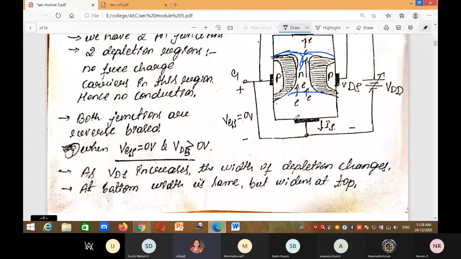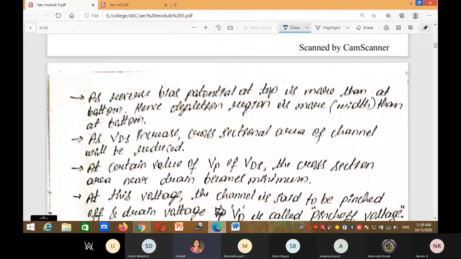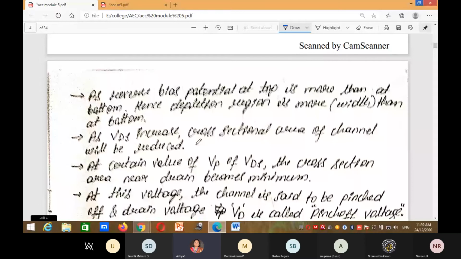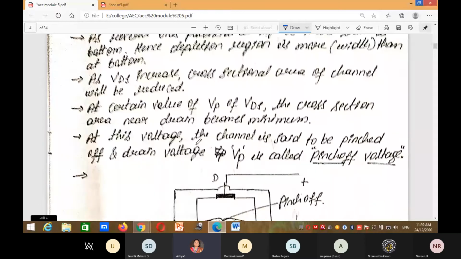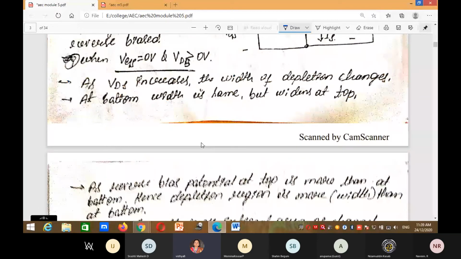As the reverse bias potential at the top is more than at the bottom, the depletion region is wider at the top than at the bottom. As VDS increases, the cross-sectional area of the channel will be reduced. You can observe, if you increase VDS, the cross-sectional area of the channel reduces.